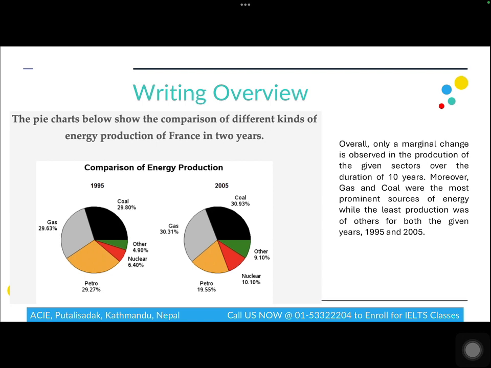So I have mentioned that in my overview. Overall, only a marginal change is observed in the production of the given sectors over the duration of 10 years. Moreover, gas and coal were the most prominent sources of energy, while the least production was of others for both the given years, 1995 and 2005.